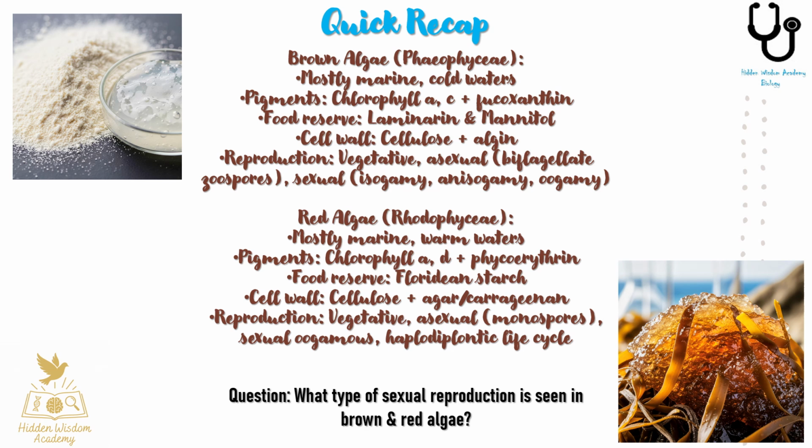Red algae live mostly in warm seas. They have chlorophyll A, D, and phycoerythrin, store floridean starch, and their cell walls contain cellulose, agar, and carrageenan. They reproduce vegetatively, asexually by non-motile monospores, and sexually by oogamy with a haplodiplontic life cycle of three phases.